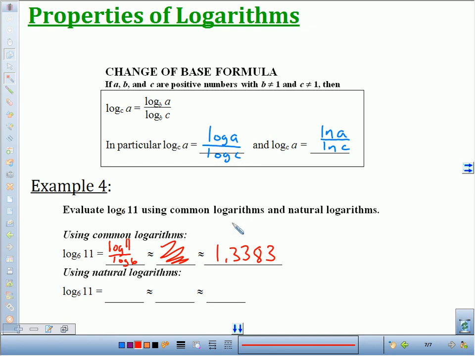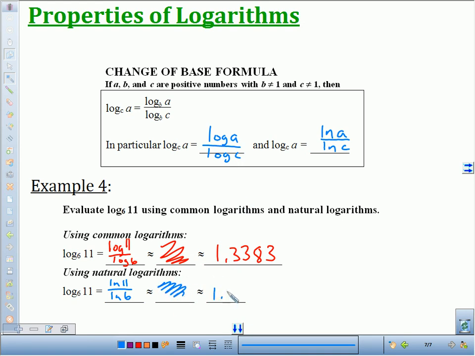They're equivalent. If I wanted to do this using natural logarithms, I could. It would be natural log of 11 divided by the natural log of 6. I type this into the calculator exactly the way it's written, keeping in mind that I need to put parentheses around the 11 and around the 6. Again, I'm not worried about this step here.